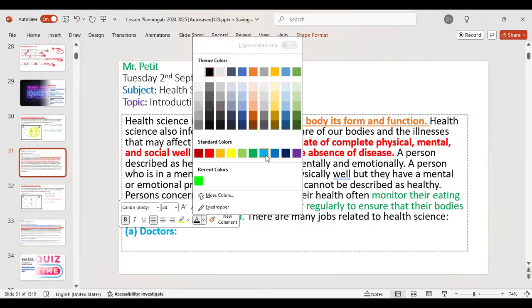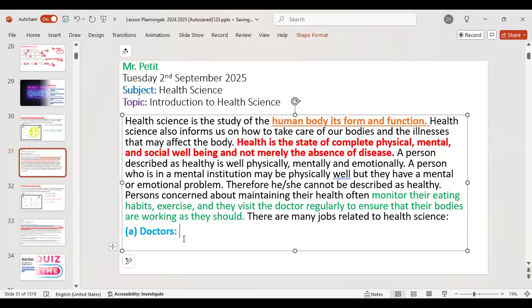And so doctors, what do doctors do? Persons trained in what? Diagnosis and treatment of disease and other medical conditions.